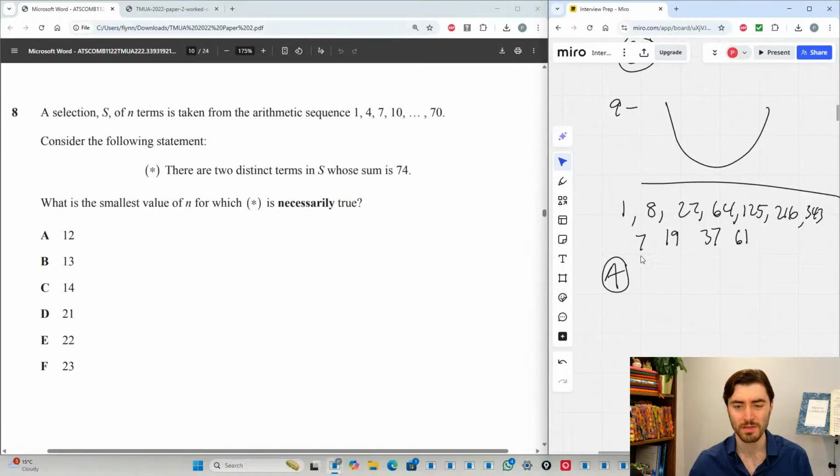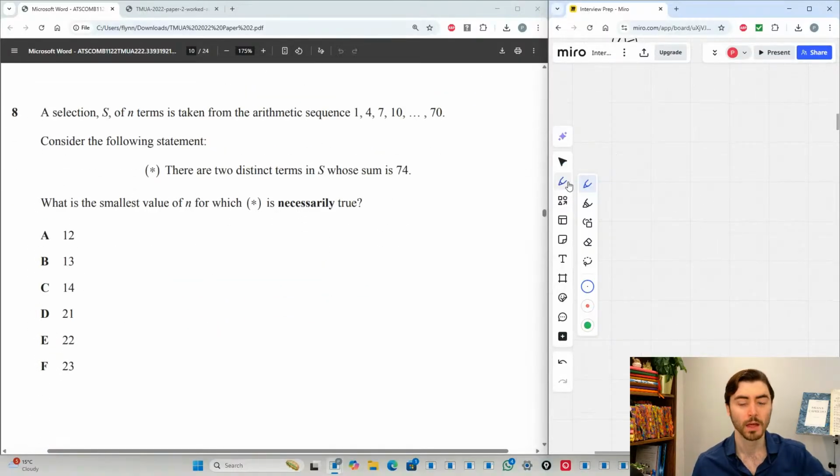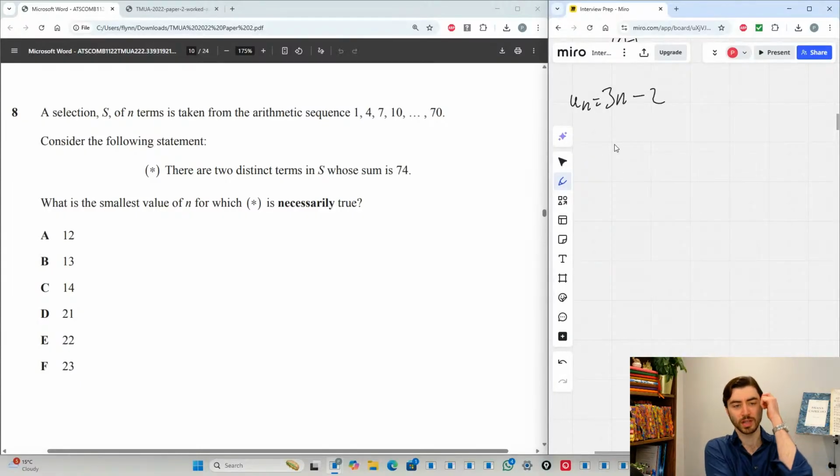Because again, I want to do better than I did last time. Okay, so the last question I wasn't making good traction on, so it wasn't a good use of time. Now, a selection S of n terms is taken from the arithmetic sequence. Well, we know this arithmetic sequence is going to have terms 3n minus 2. A selection of n terms from that, up to a point as well.